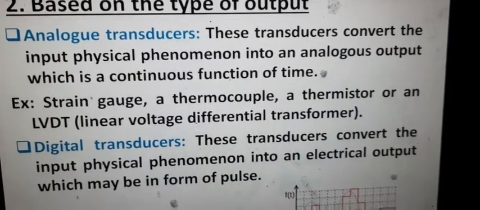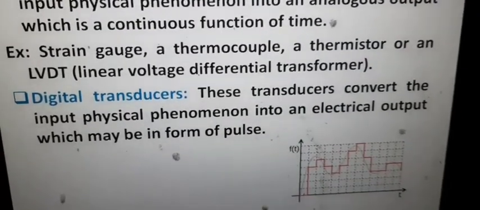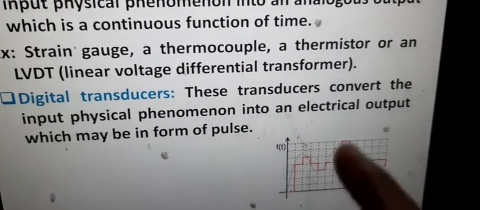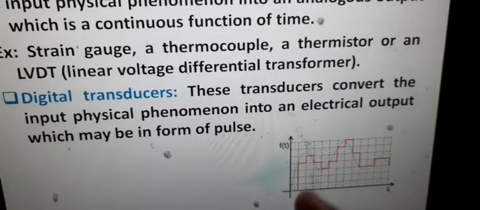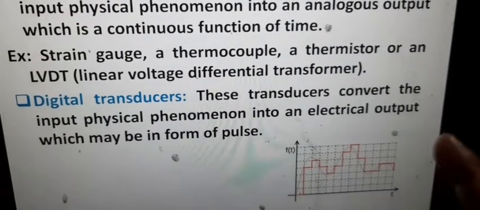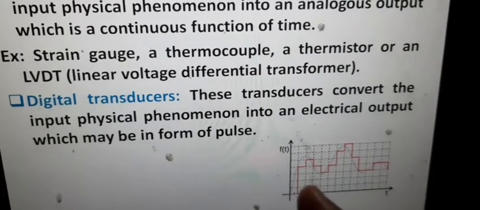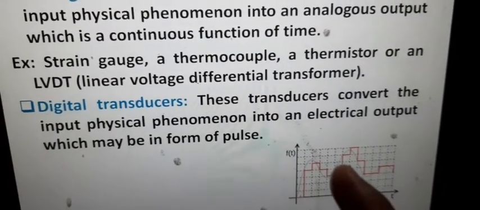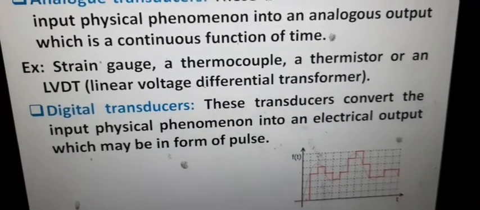Analog means a continuous function of time. Here you can see the black curve. This black one is the analog signal. It is varying continuously with time. So for every time period you can get the data.